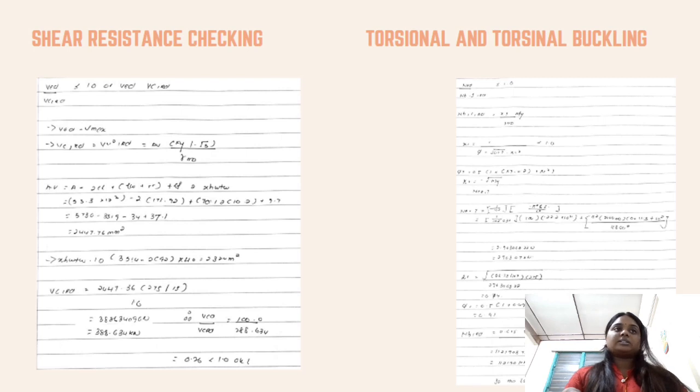So overall answer is 2044.76 millimeter to the power of 2. The η hw tw is 10 times (353.4 minus 2 times 9.2 times 4.0) equals 23.2 millimeter to the power of 2.